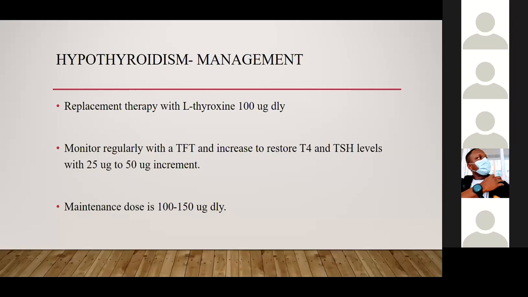And then four, know that you can have an emergency condition called myxedema coma, where everything becomes very, very serious. Everything just goes down slowly. Okay, and five, know that your main management is to try and replace the thyroid hormone levels whilst you also investigate the cause of the hypothyroidism.